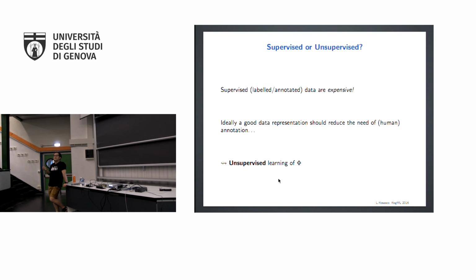If you just want to get images of faces, that's kind of easy, but if you want to get images of my face, your face, and so on, you need somebody to sit down and annotate the data. So getting the labels is typically the hard part. And so if you look into the literature, you'll see that people have been trying to push the idea of learning representation in an unsupervised way.